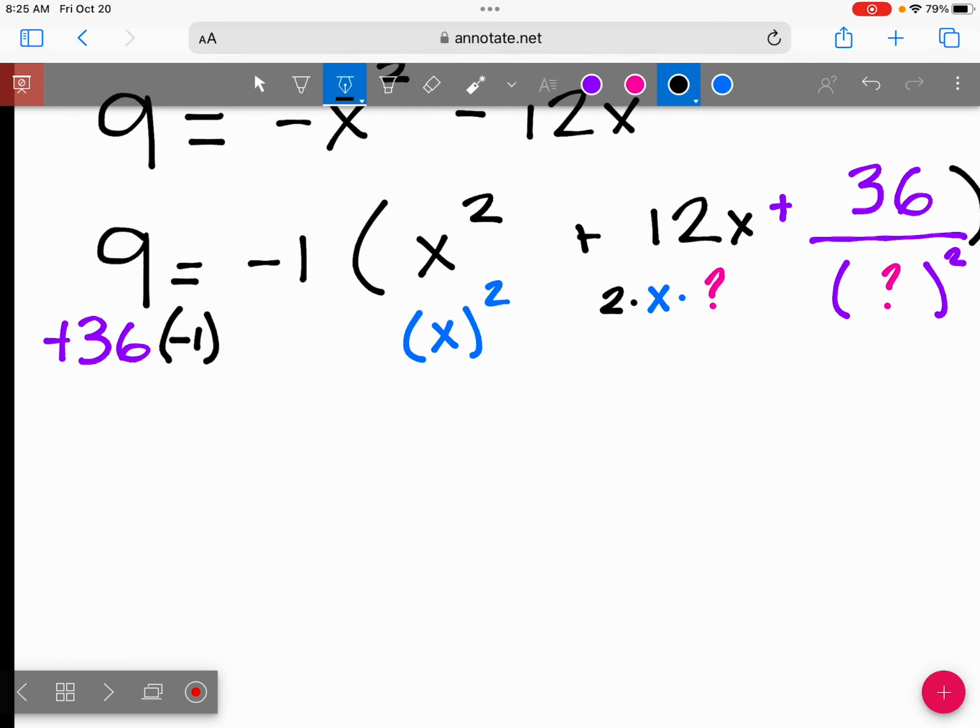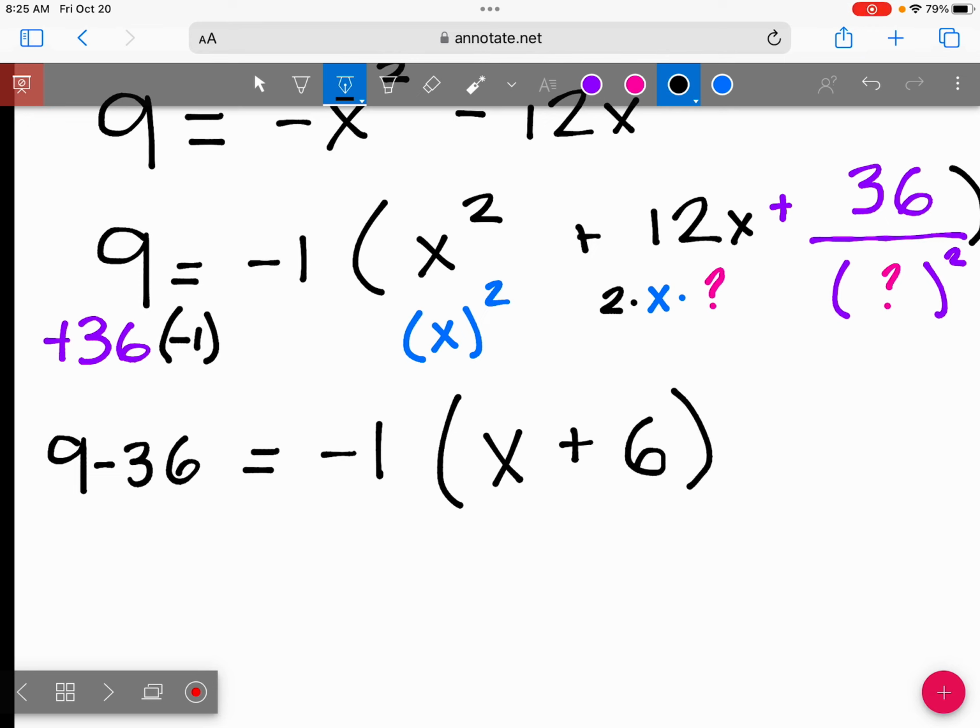So what we have on the left side is 9 minus 36. And on the right side, I have my minus 1 x plus 6 squared.